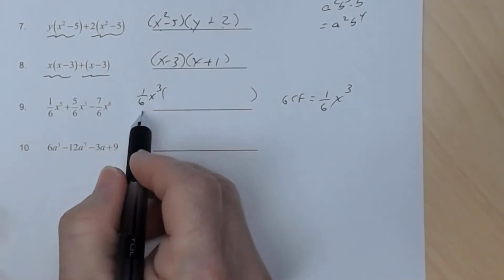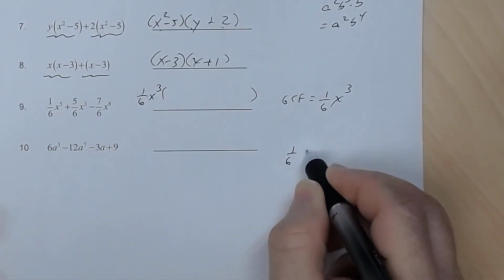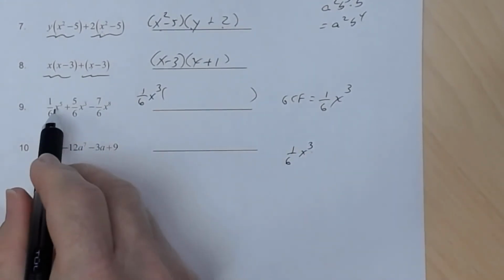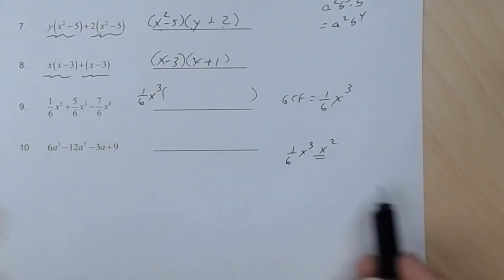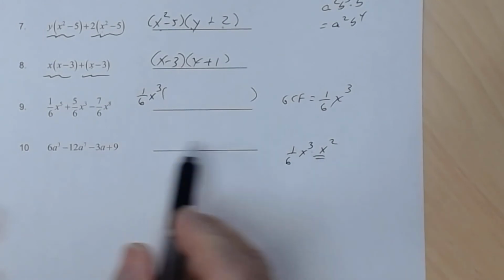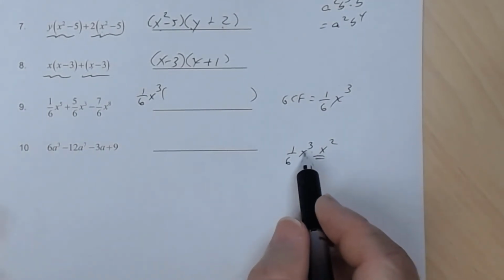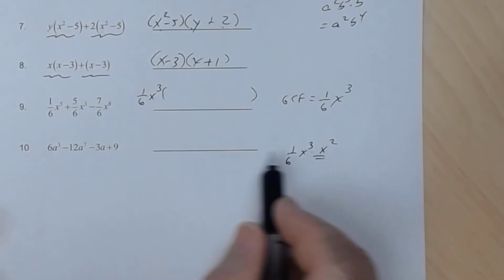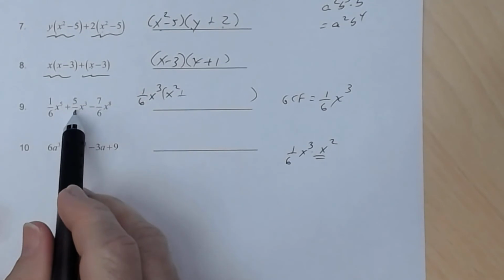Okay, so 1/6 x cubed times what will give me 1/6 x to the 5th? Well, it's going to be x squared, because 1/6 x cubed times x squared gives me 1/6 x to the 5th. So when you multiply like bases, you add exponents. 3 plus 2 is 5, so I need an x squared here. Plus, all right, now I need a 5/6 here.